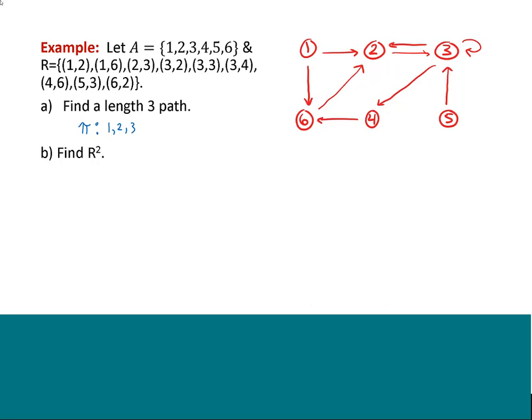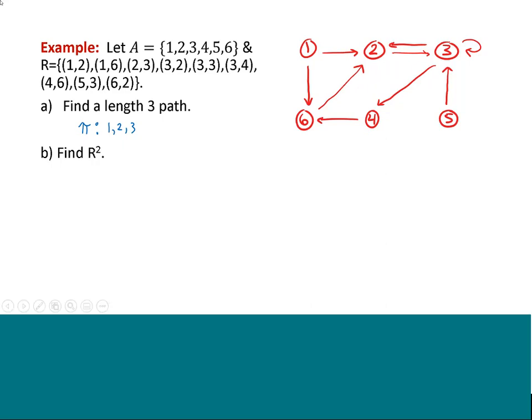I think of it as counting the edges or counting the arrows, but you could totally think of it as counting each of the changes in the numbers as well, or the number of ordered pairs you had to use to progress from one number in set A to another number in set A. It's one of the reasons why I think it's easier to find paths and also cycles when you come back to where you started in the actual diagram in the picture over there, just because those changes, those relations, those ordered pairs are represented by an edge, and it's easy to count the edges.